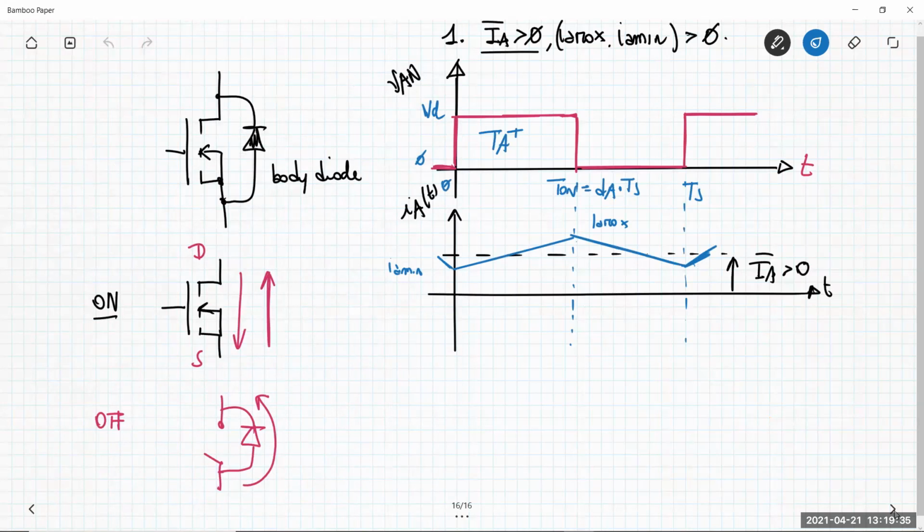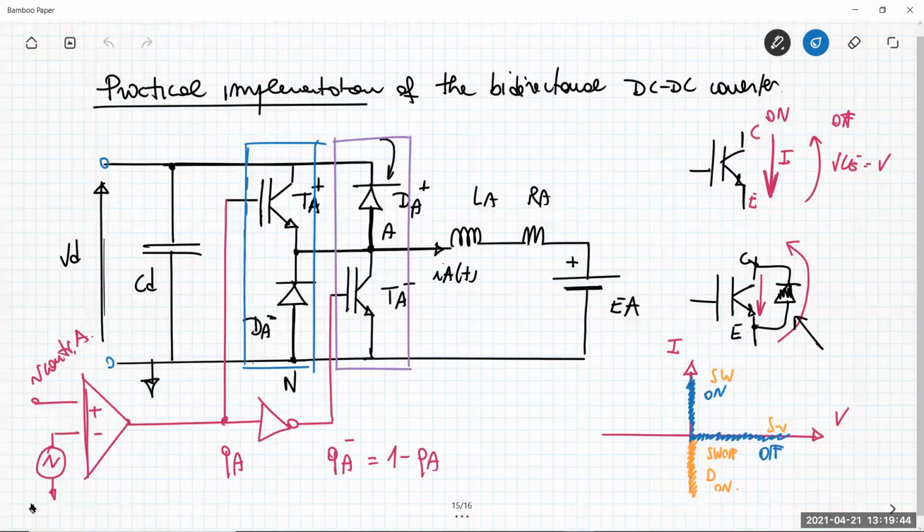In that situation, what happens? We have a voltage which is constant here. Okay, it is VD. We have this back EMF EA. We can have the same consideration that we employed before. For example, let me consider that VD is larger than EA.